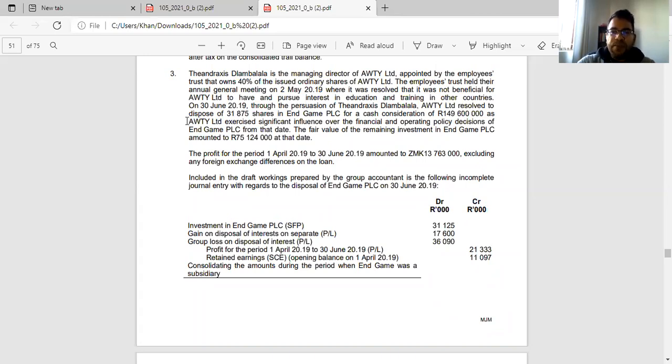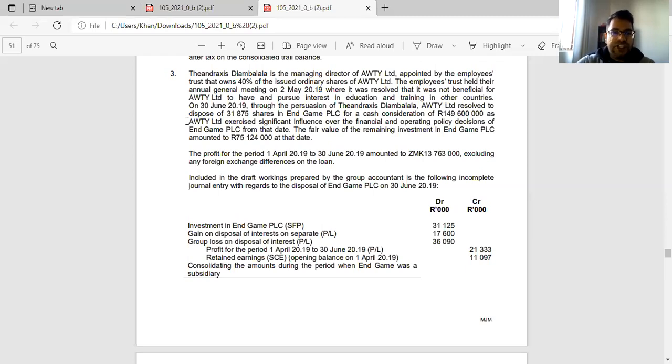The Employees Trust held their annual general meeting on 2nd May 2019, where it was resolved that it was not beneficial for AWT to pursue interest in education and training in other countries. On 30th June 2019, through the persuasion of Thriandris, AWTY resolved to dispose of 31,875,000 shares in Endgame for a cash consideration of 149 million rand.